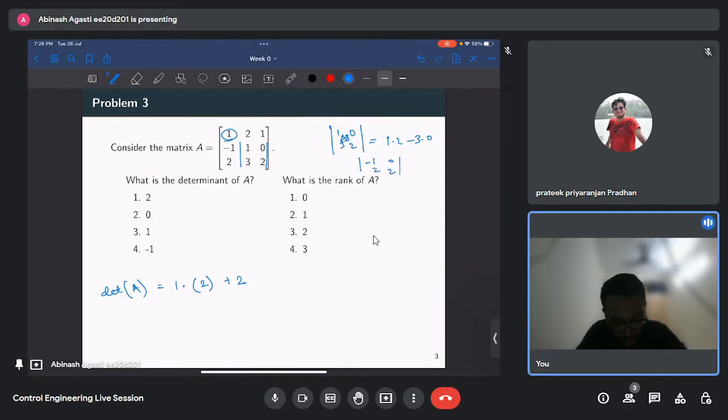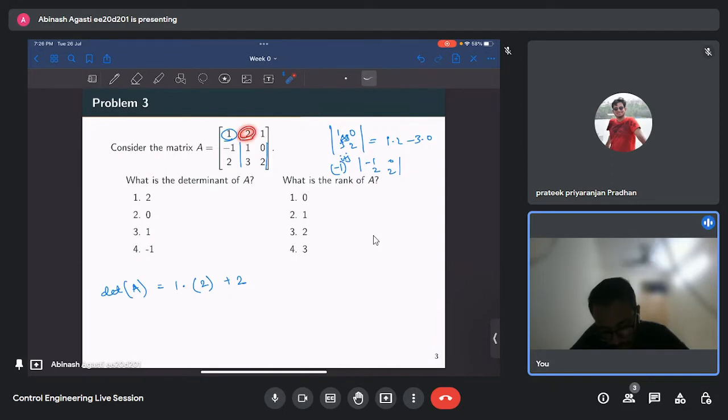But note that the cofactor is not only the determinant obtained by removing the rows and columns, but also a coefficient of minus 1 to the power i plus j. For this first element we have 1 plus 1, so it is 2, and minus 1 to the power 2 is just 1.